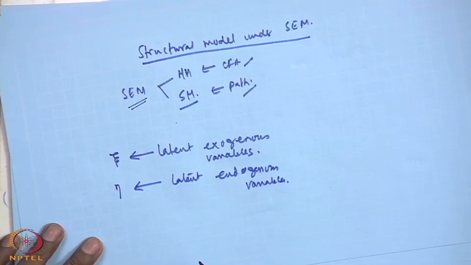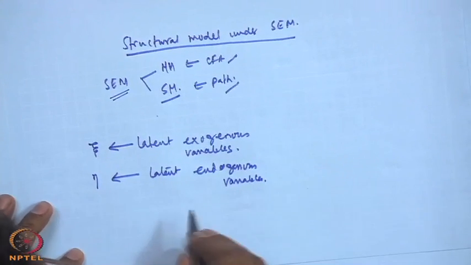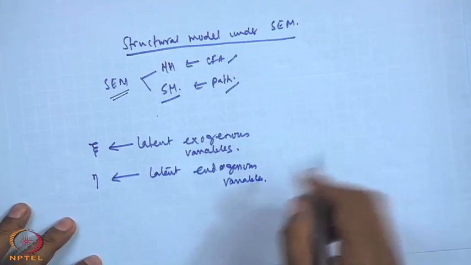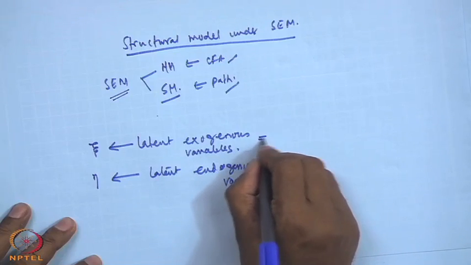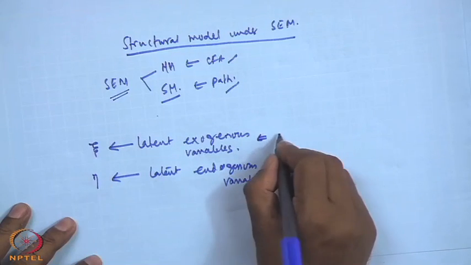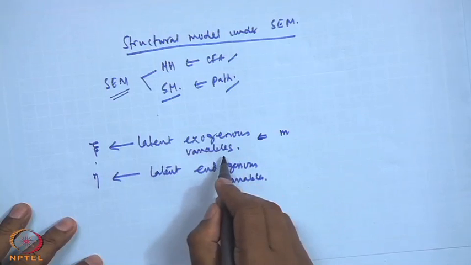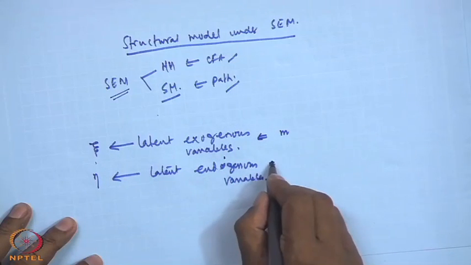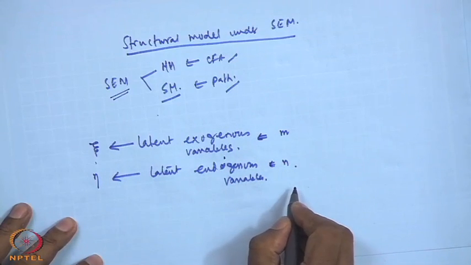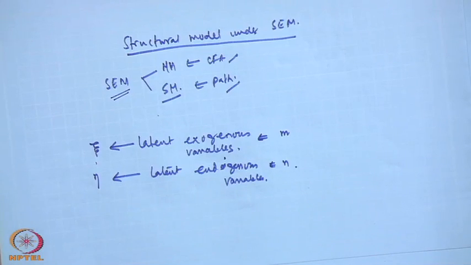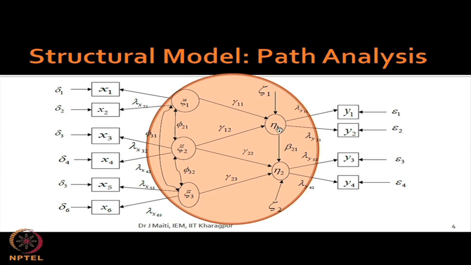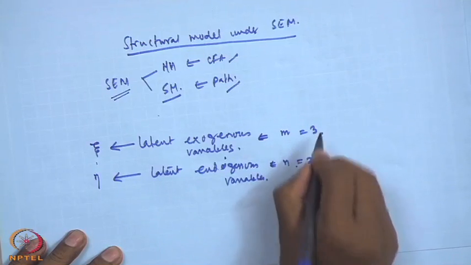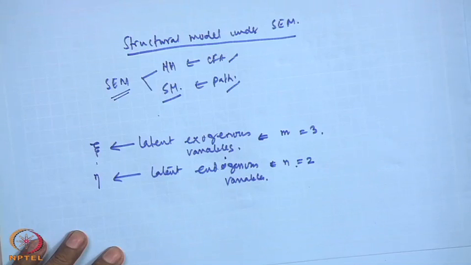We will now describe it this way: there are m latent exogenous variables and n latent endogenous variables. If I go back to this slide, there are 2 endogenous latent variables and 3 exogenous latent variables, so n equals 2 and m equals 3.